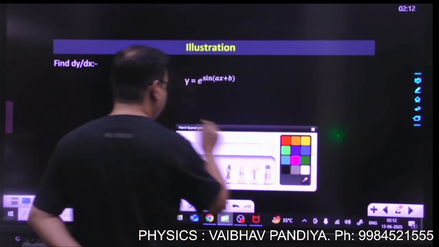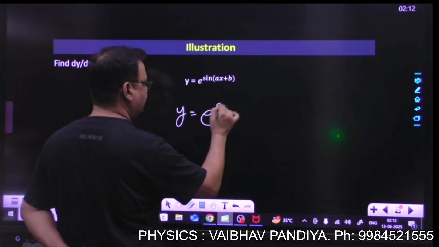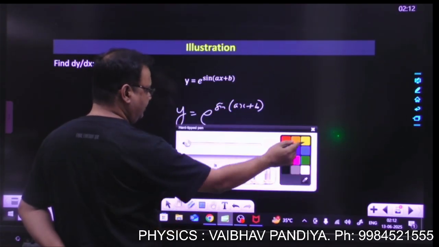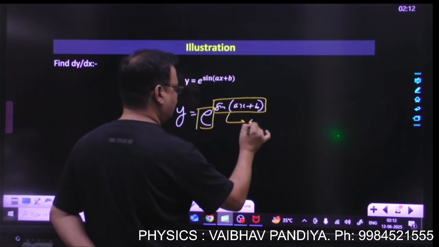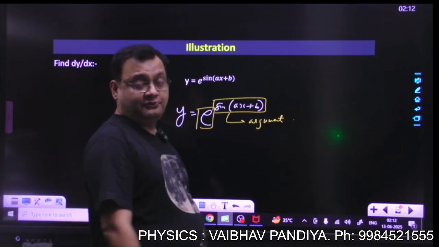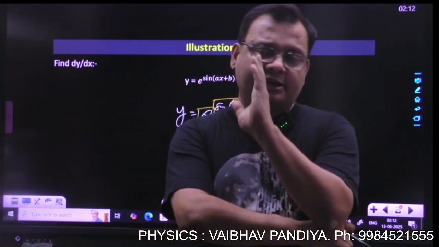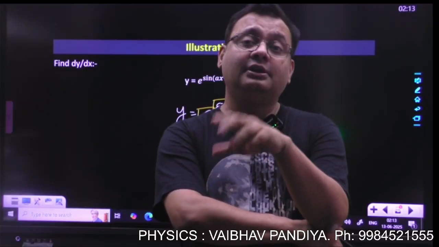Now let's see. Y is e power sine ax plus b. Now the base function is the natural exponent function and this is its argument. First link of the chain. No matter how complicated the function may be, you have to identify what is the first link of the chain: the base function and the argument.